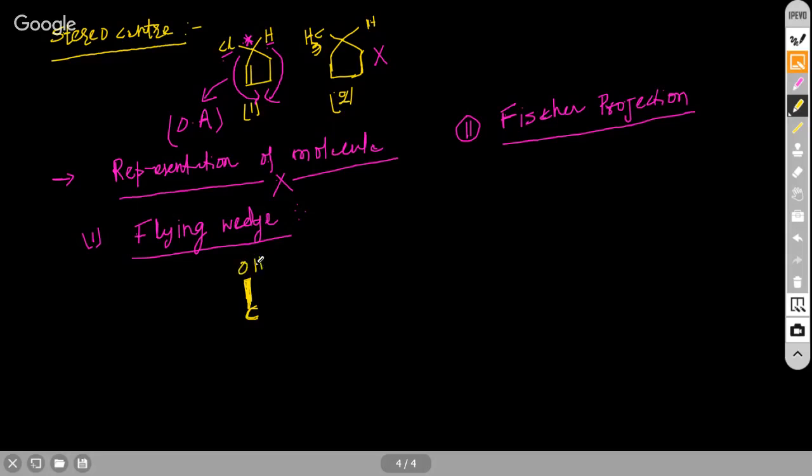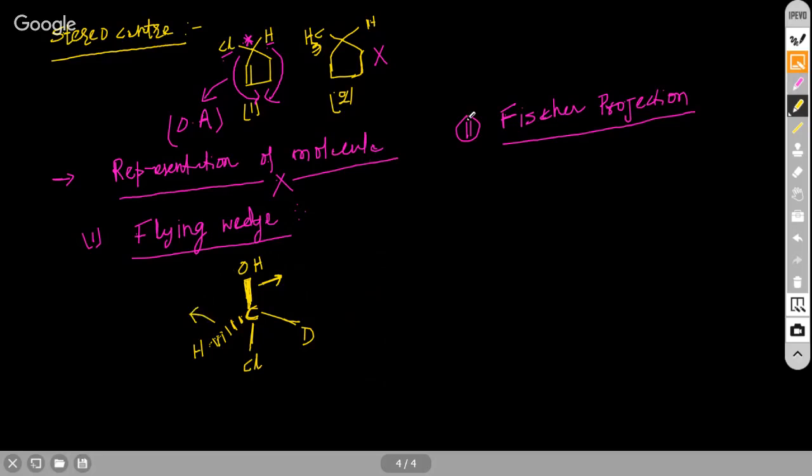Suppose we have OH, and this is a dash actually, hydrogen, then we have chlorine, and then deuterium. This dark wedge is this, and this is the dash. This is the wedge dash representation.